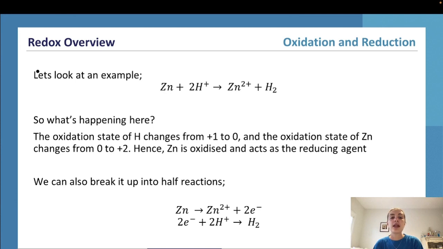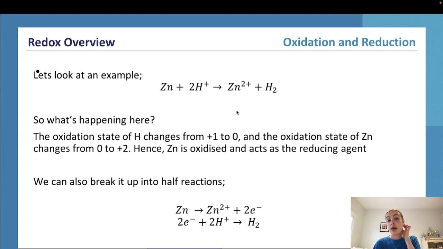If we're taking note of this, we can see that the oxidation state of the hydrogen is going from +1 to 0, because remember, applying our rules, anything with a charge has an oxidation number equal to the charge of that given ion.